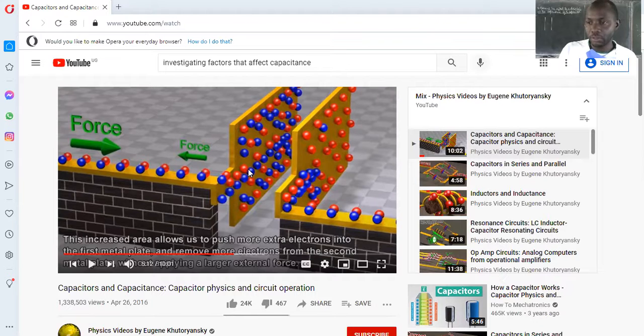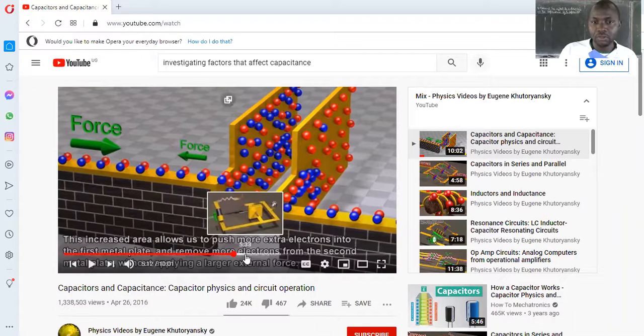Remember, positives don't move, so the blue ones are the ones which are moving. As more electrons come to this plate, more electrons are leaving this one, meaning you are creating a positive on this side. The plate is becoming more positive as this one becomes more negative. So the bigger the area, the more space you have to store more charges.